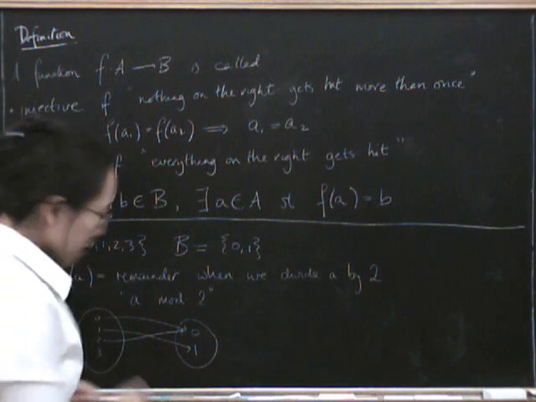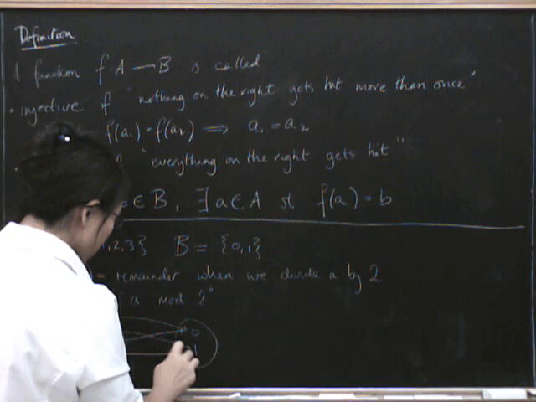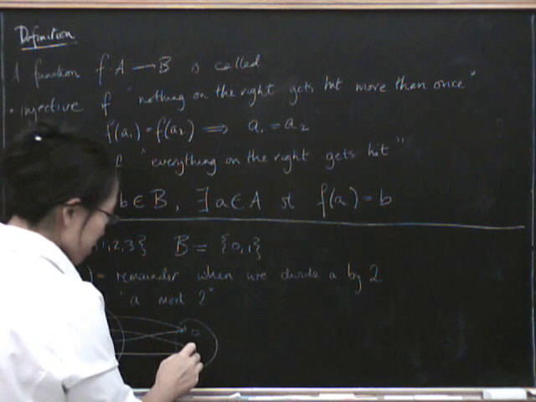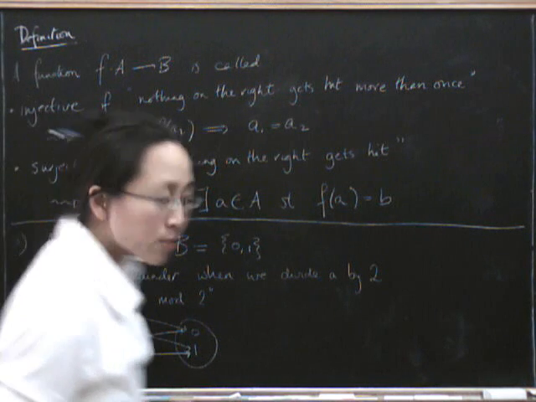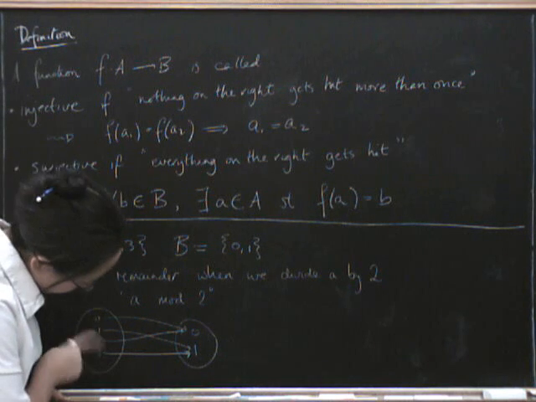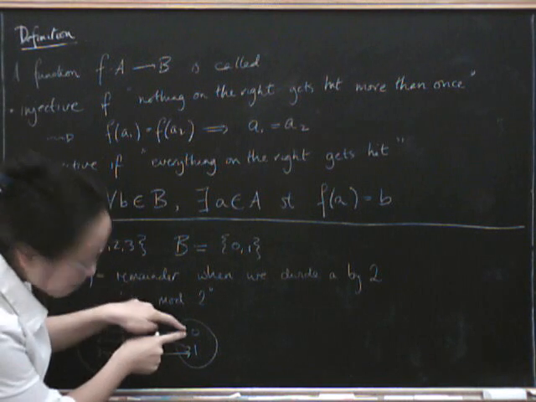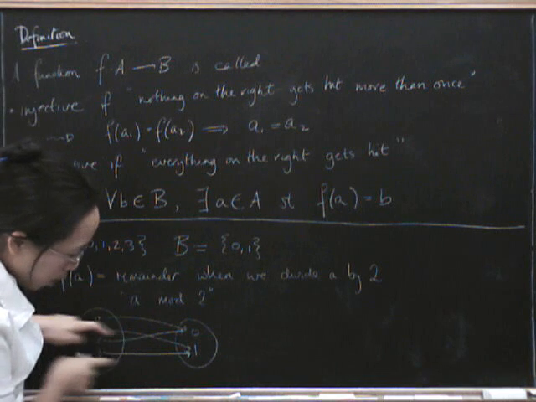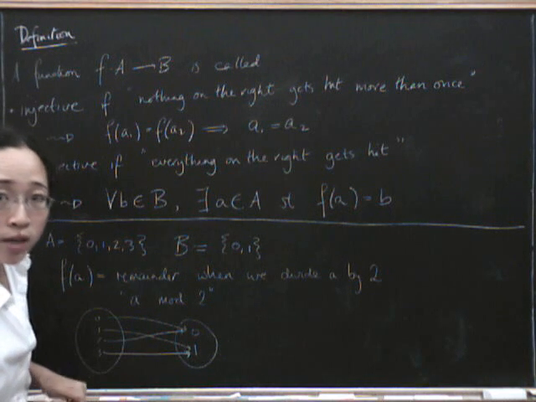Whereas 3, the remainder is going to be 1. 3, if we take it mod 2, is 1, because 2 doesn't go into it exactly, there's always going to be 1 left over. So if you look at this diagram here, you see that 0 and 2 both went to 0, and 1 and 3 both went to 1.